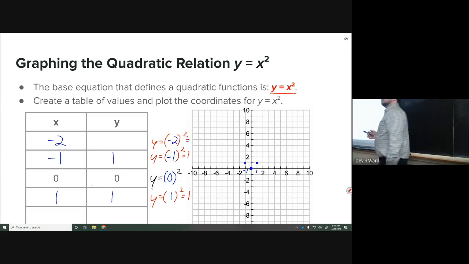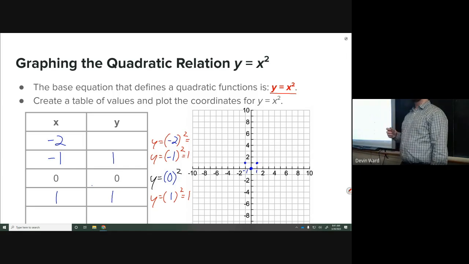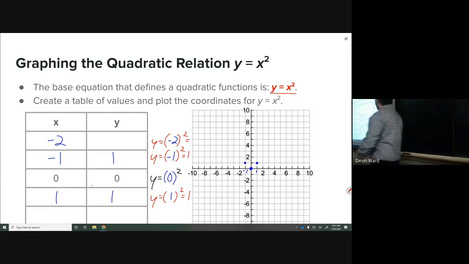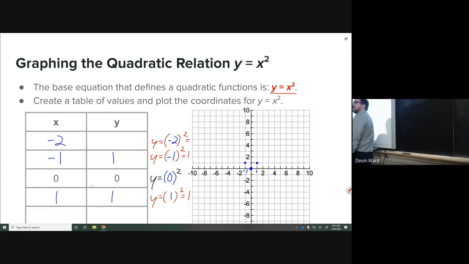So then what would -2 squared be? It would be -2 times -2, which 2 times 2 is? +4. +4, good. Because they're both negative, 2 negatives become positive when we multiply. -2, +4. So I'll go to x -2 up to +4.